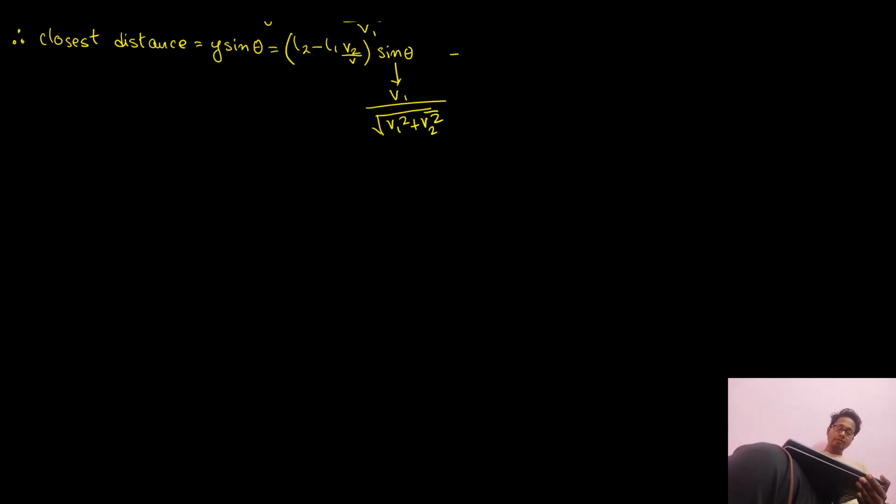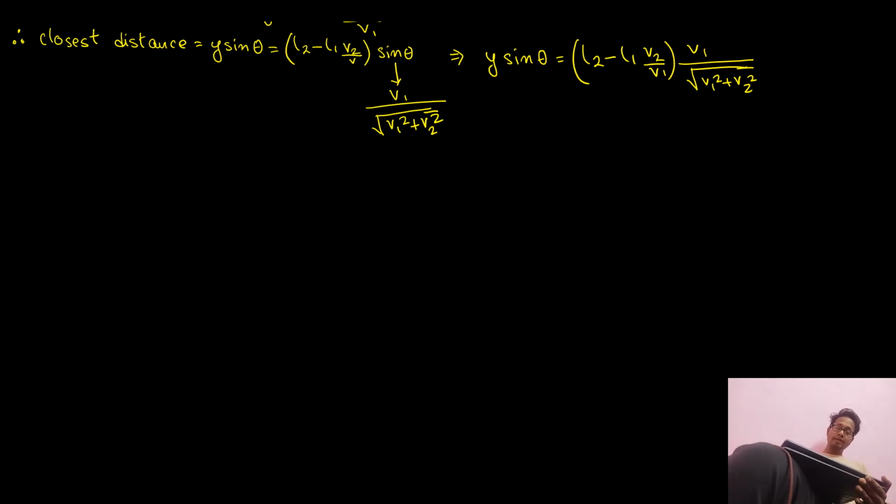So y sine theta is equal to L2 minus L1 V2 by V1 into V1 by the square root of V1 square plus V2 whole square. Now let's simplify this equation.